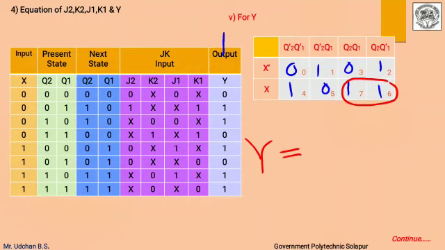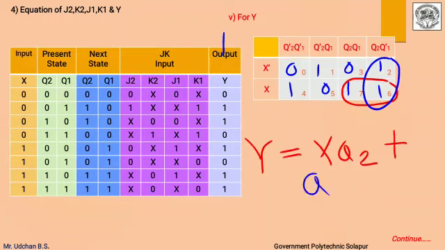For this pair the equation will be x q2 plus the next pair will be this one. For that the equation will be q2 q1 bar plus I can form this next pair.